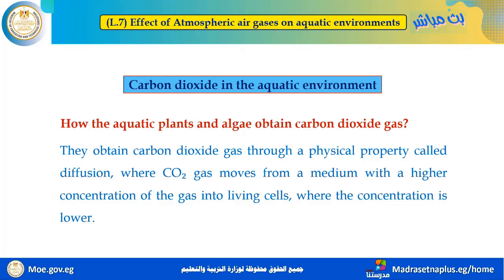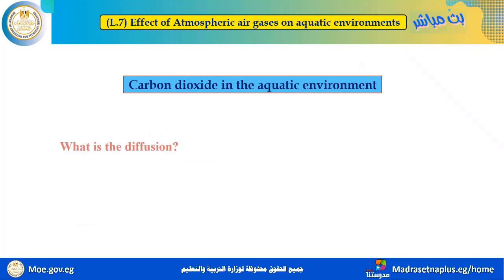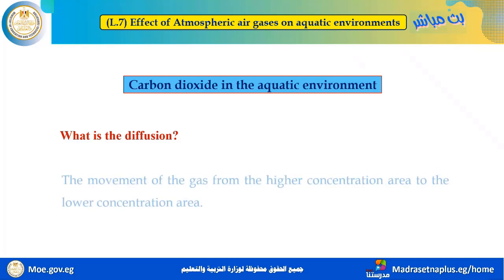So the diffusion here is very important. It is a key point to explain how the aquatic plants and algae obtain carbon dioxide. They obtain carbon dioxide gas through a physical property called diffusion. Don't forget diffusion. And let's now know what diffusion is.